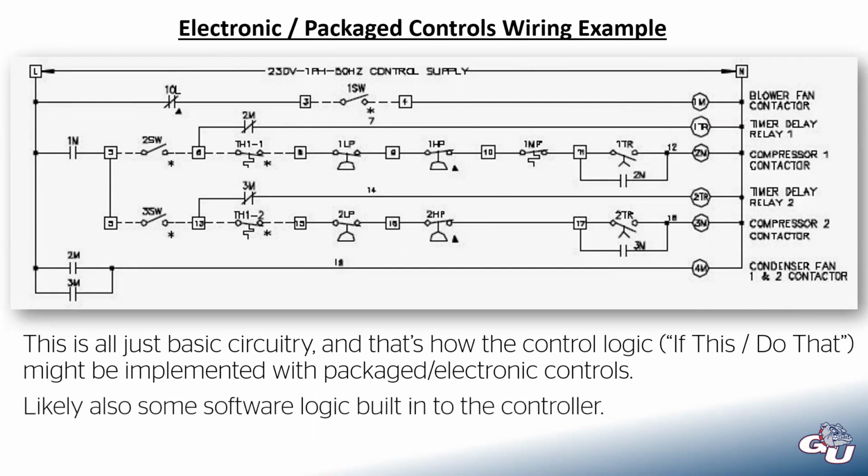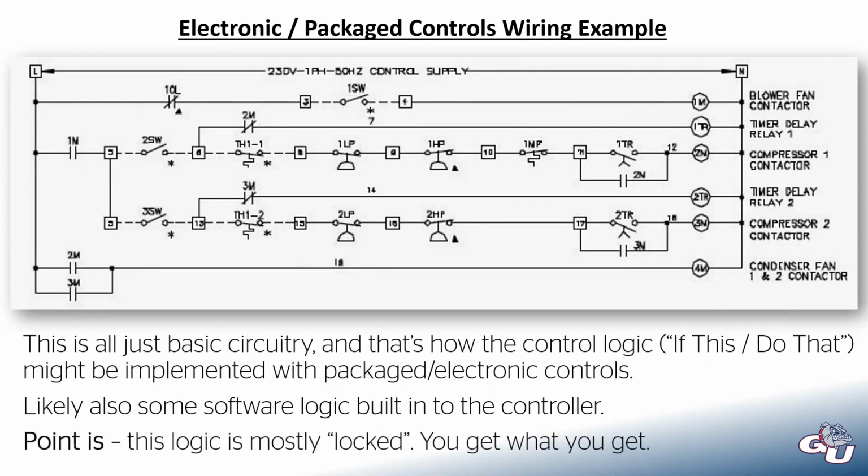But there is likely also some software built in. You will be able to change some things, and that's probably more on the software side. But the big point, a lot of this logic is mostly locked down. You get what you get. Hopefully it works. But if you have a unique application where the pre-baked controls from the manufacturer might not be able to do what you need it to do, then maybe you can't go with this option.